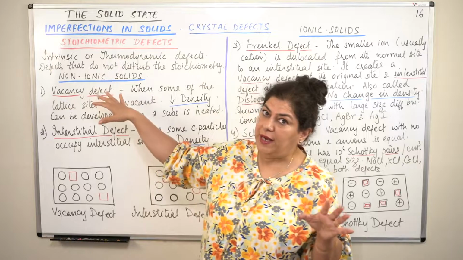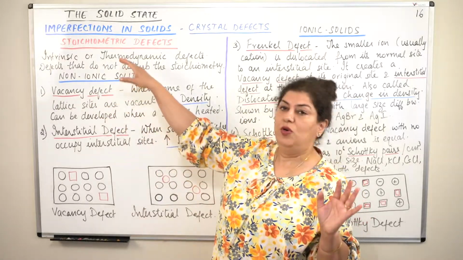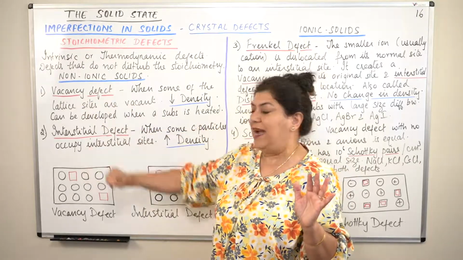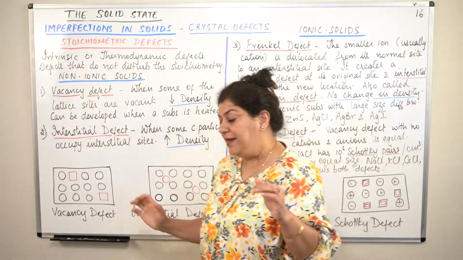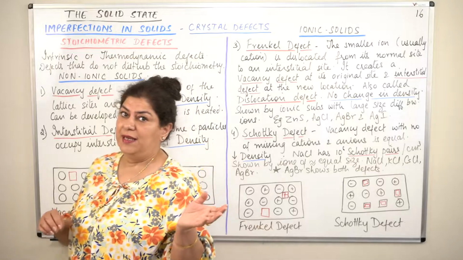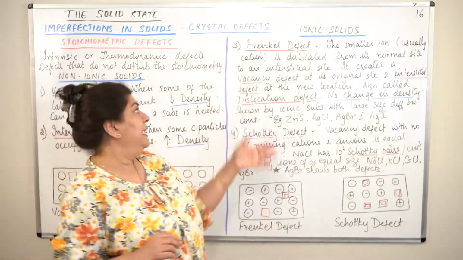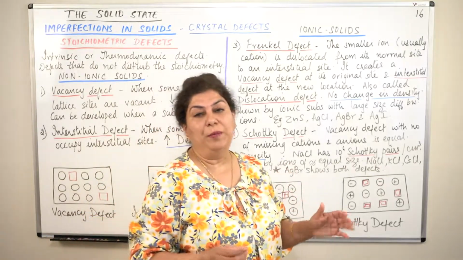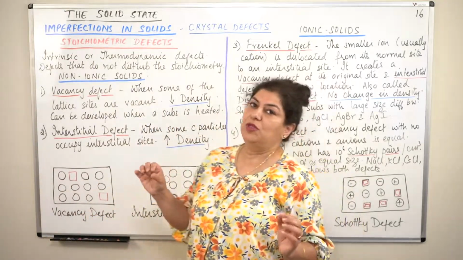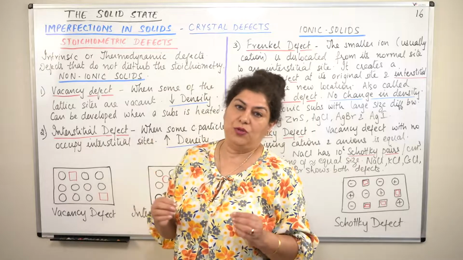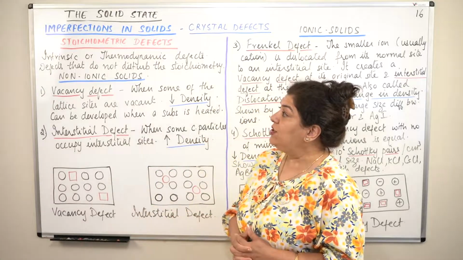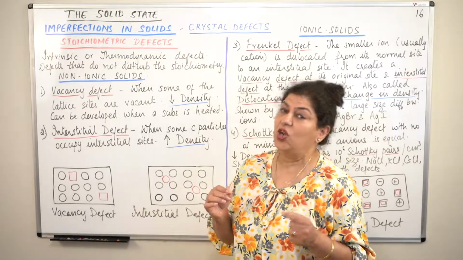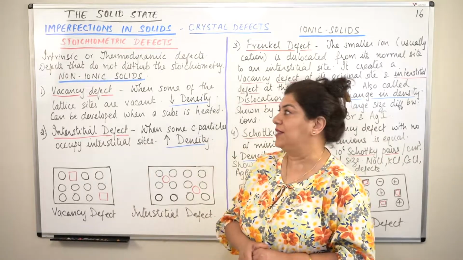Solids that are non-ionic in nature show stoichiometric defects known as the vacancy defect and interstitial defect, and solids that are ionic in nature show Schottky and Frenkel defects. We'll be discussing all of these one by one, but first let us come to the basics. When we talked about the stoichiometric defects, I told you that these defects are also called intrinsic defects or thermodynamic defects.